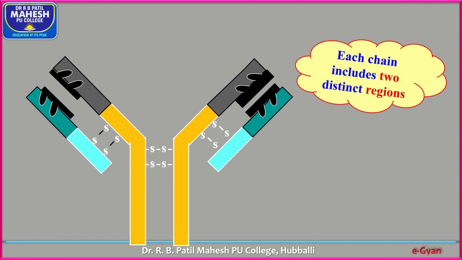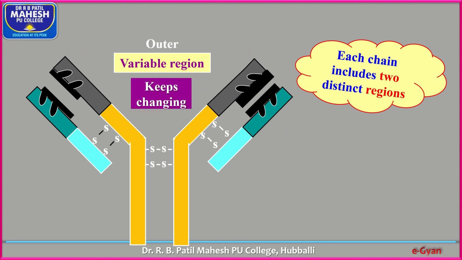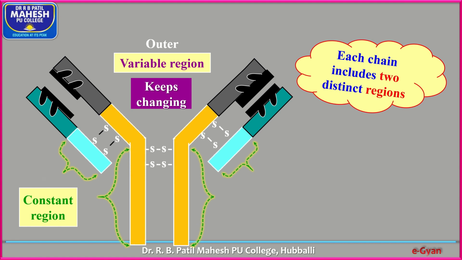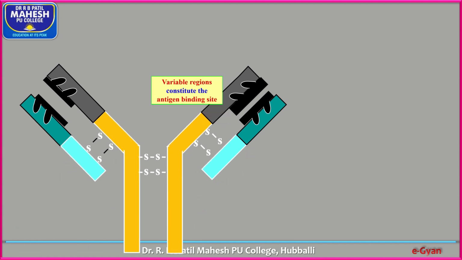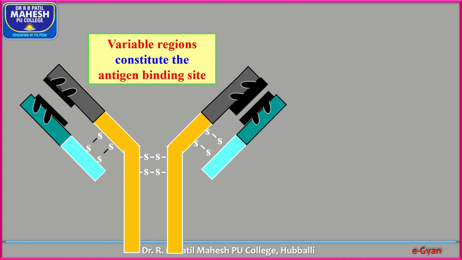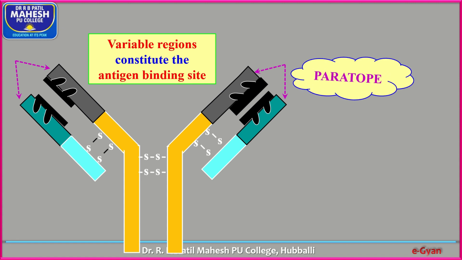Each chain has two distinct regions. One is variable region, another one is constant region. In the variable region the amino acid sequence varies, whereas in the constant region the amino acid sequence remains constant. The variable region constitutes the antigen binding site, that is called paratope.